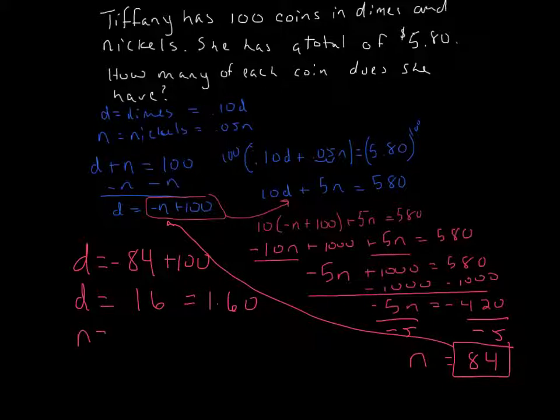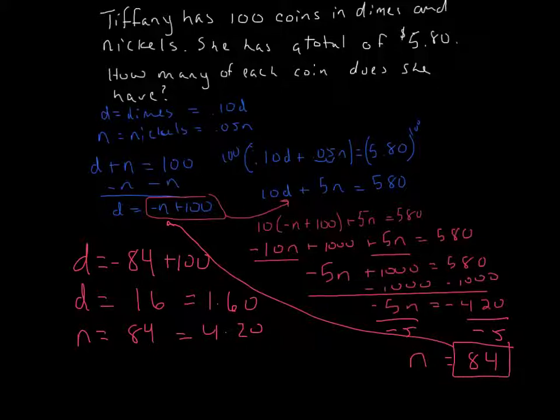And your nickels, there were 84. And if you do 84 times 0.05, that gives you $4.20. Okay, so you put those two together, you get $5.80. We are correct. So we got 100 coins and we have $5.80.